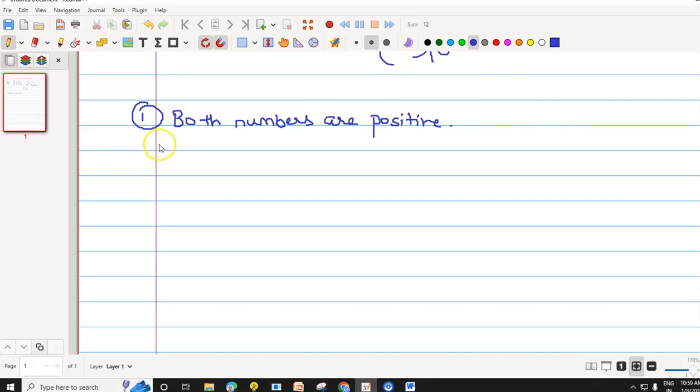Let us take an example: add 28 in decimal and 15 in decimal. We have to add 28 and 15 in decimal.